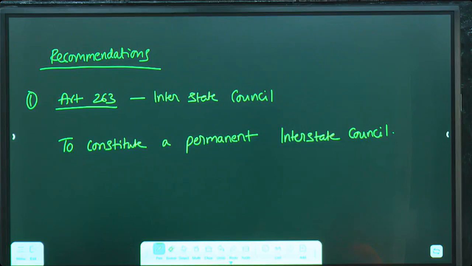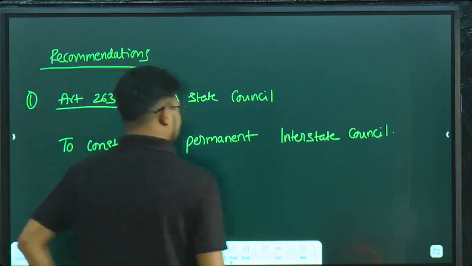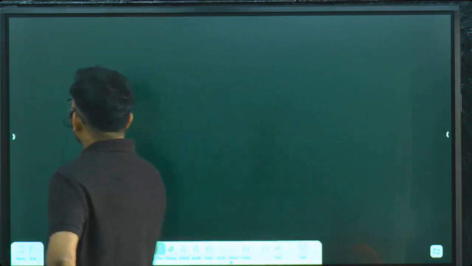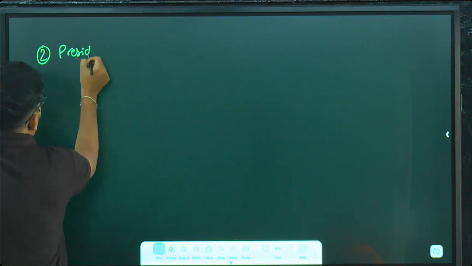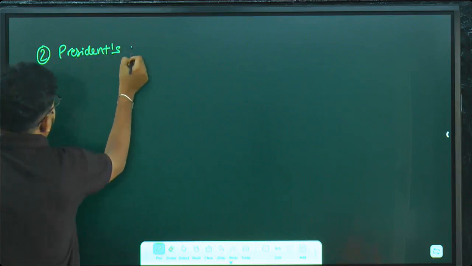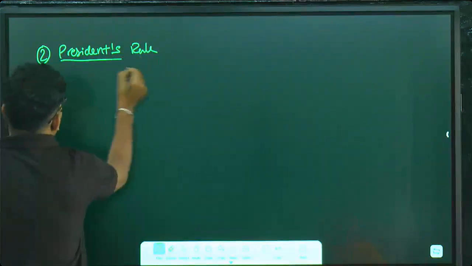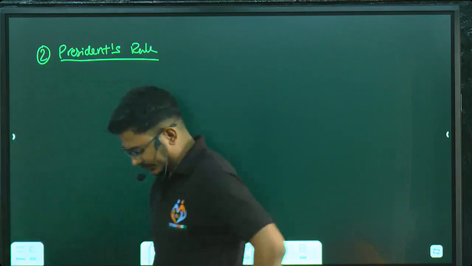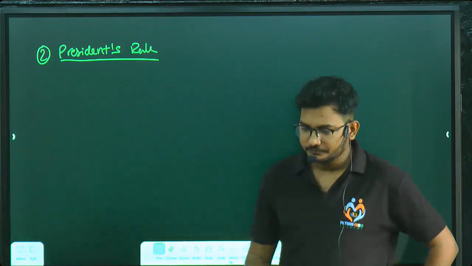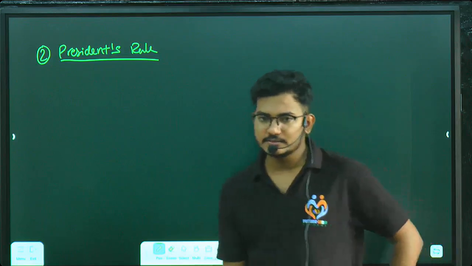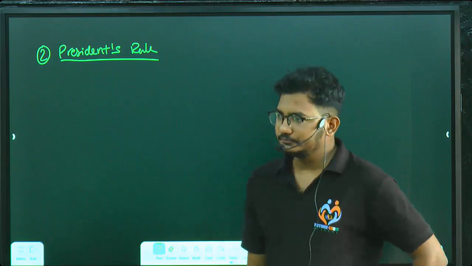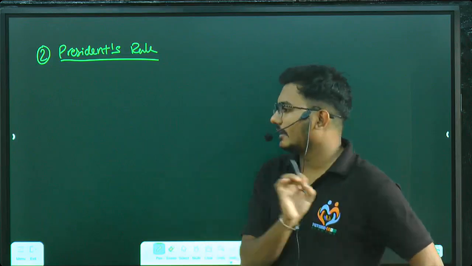Done. The second problem is president's rule. So the second one is president's rule. Okay. So here the Sarkaria Commission said, see, president's rule must be the last window.